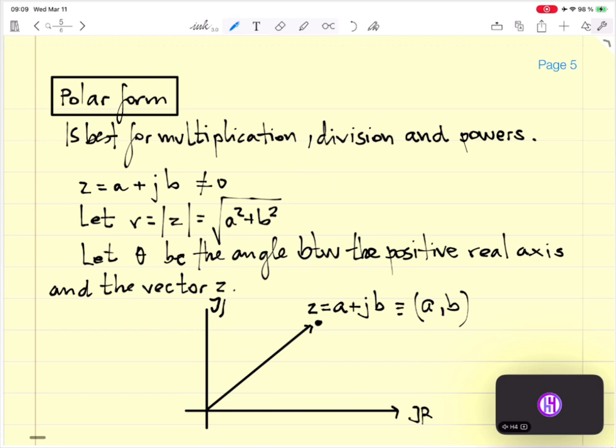Well, we can rotate by theta and go all the way the module from the origin, and we will be there, right? We expand the module and then we rotate theta. This way we will get to that point as well.